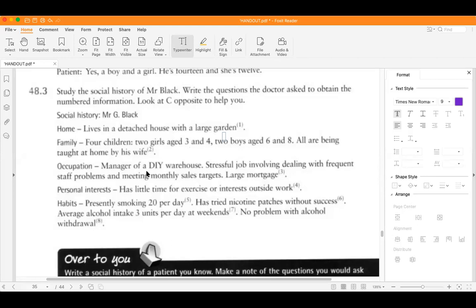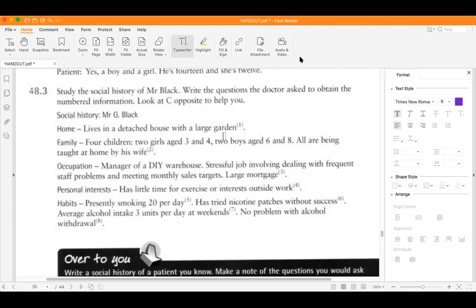Occupation, manager of DIY warehouse, stressful job, large mortgage. Mortgage means the payment, the installment that he has to pay in order to have the house. Personal interest, has little time for exercise. Habits, smoking 20 per day.